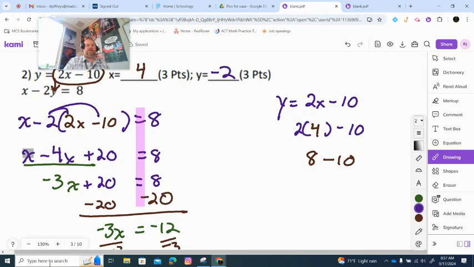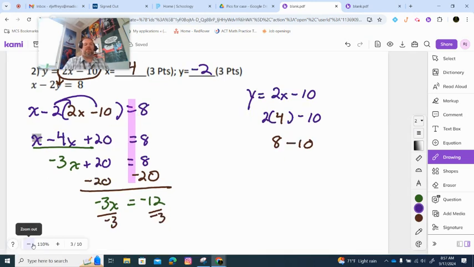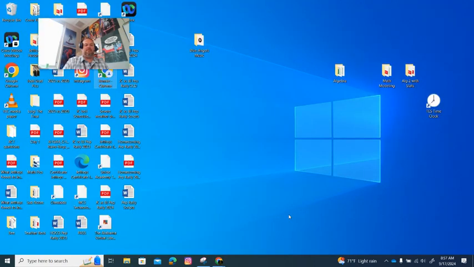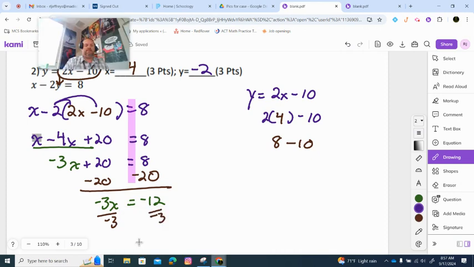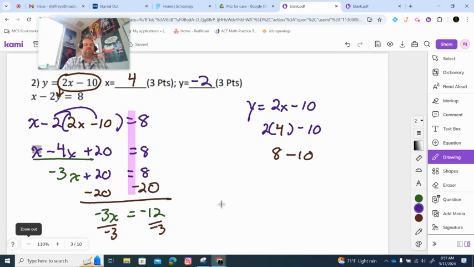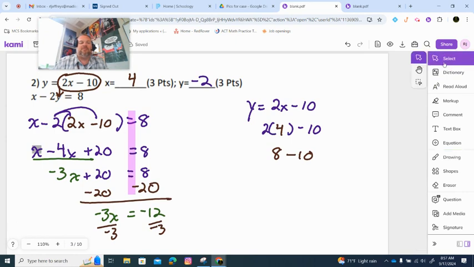So now, whoop, that's not what I meant to do. I don't know what you would possibly do for number one on your orange sheet.